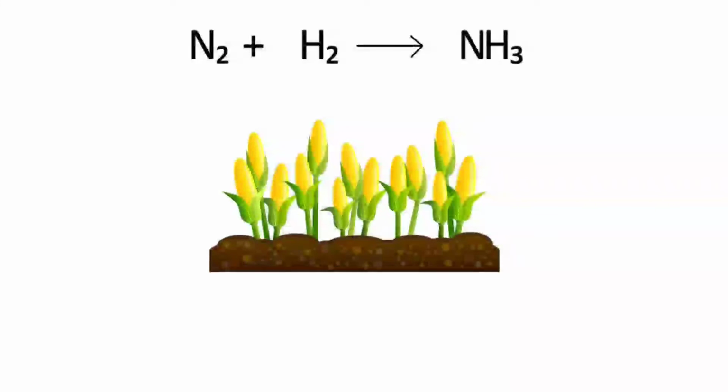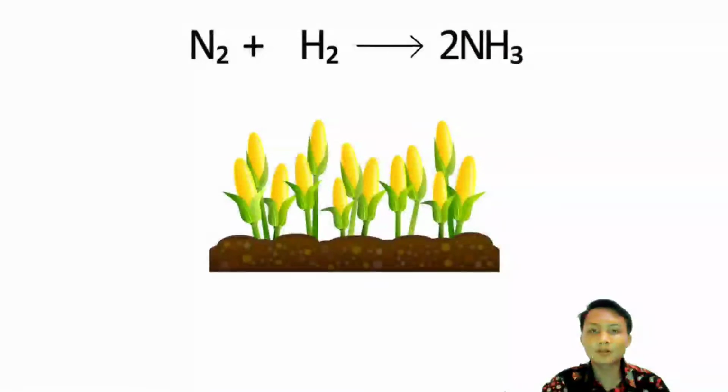This reaction is known as the Haber process, which is primarily used to make fertilizer. Fertilizer helps crops grow and becomes part of our food. In fact, more than half of the nitrogen in your body probably comes from this reaction. So, it's pretty important.